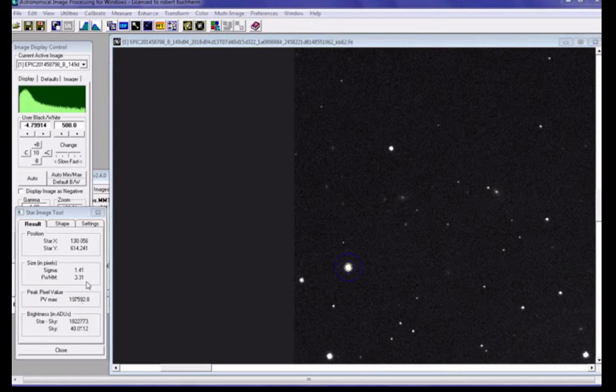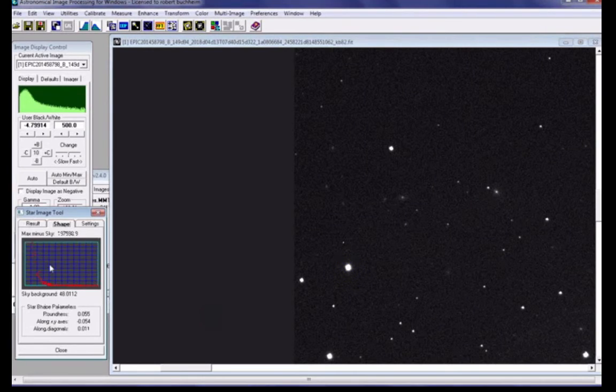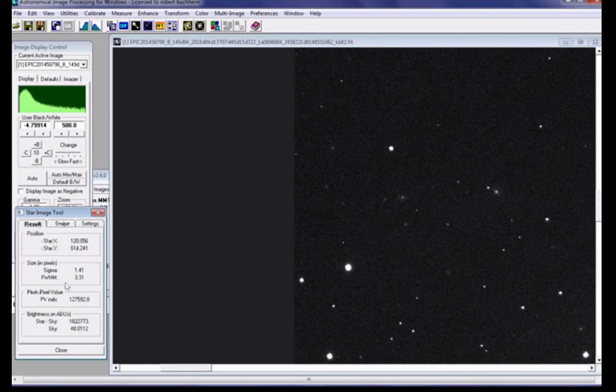First, the full width half max is now 3 pixels, and you may not be able to see the shape graph very well, but it's got a flat top. That guy is saturated. It's not what you're using for a comp star, so it doesn't matter. That shows you what happens when you have a saturated image. You get a flat top, and you get a wider than normal full width half max.